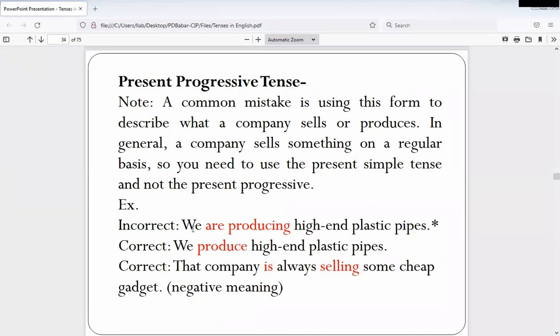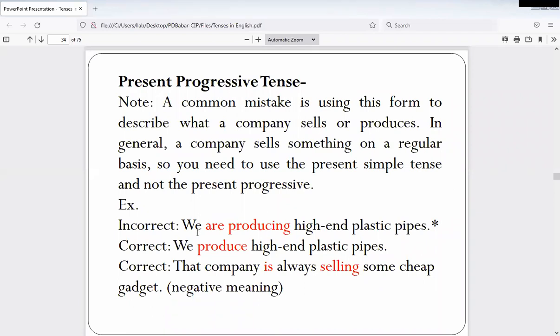The first example is: we are producing high-end plastic pipes. Whether this sentence is correct grammatically, can we say that it is correct on the basis of meaning? We cannot say.